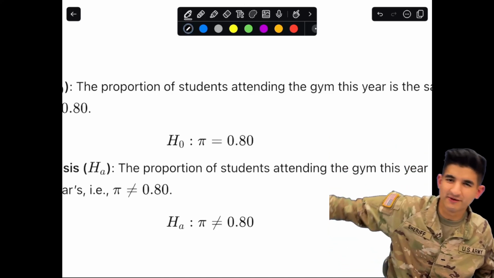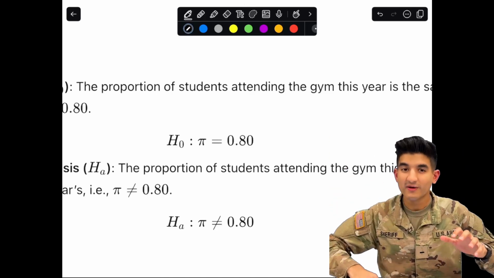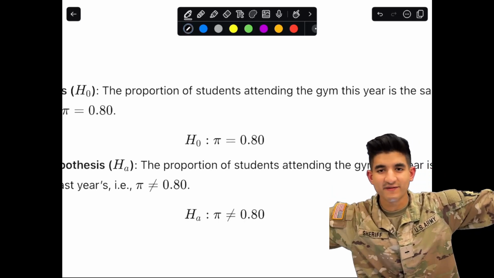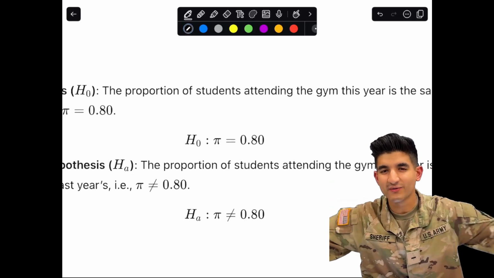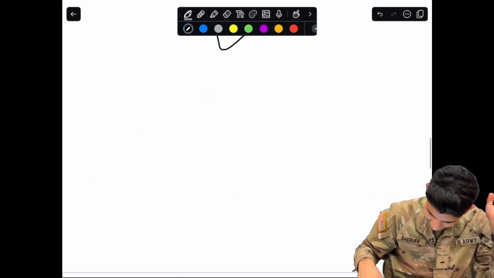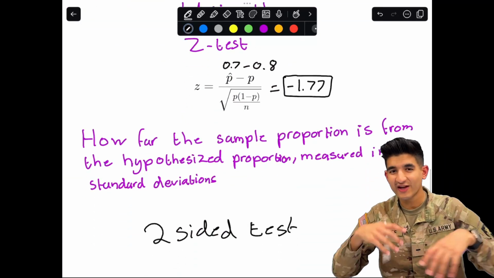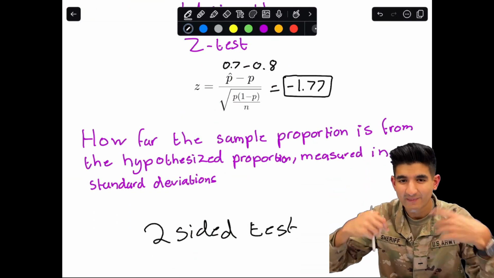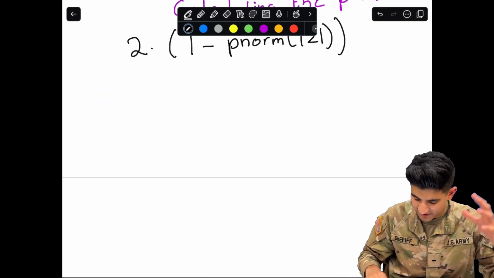We don't care if it's bigger than or less than. So if it doesn't care if it's bigger or less than, and you just see the not equal sign, you're going to do a two-sided test. Just believe it and you'll be chilled. You can read the course guide or ChatGPT, but I'm trying to get you winning here. So we're just going to believe it.